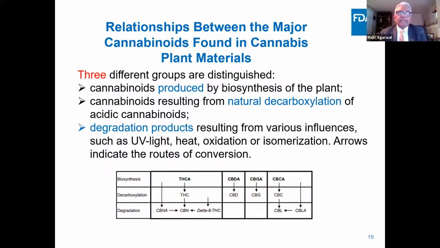So there's a very complicated biosynthetic pathway that is present in the plant. And once you extract it, you are extracting all these components that are formed due to the natural biosynthetic pathway, or formed due to natural degradation by UV, heat, oxidation or isomerization.